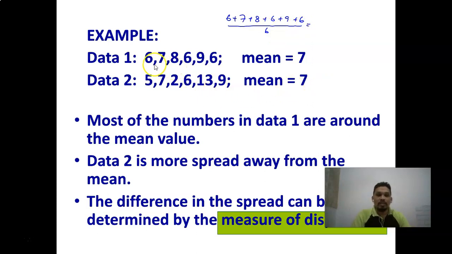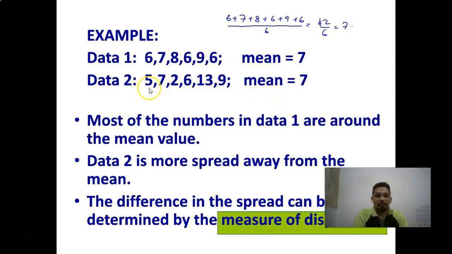So 6 plus 7 equal to 13, plus 8, 21, plus 6, 27, plus 9, 36, plus 6, 42. So 42 divided by 6 equal to 7.